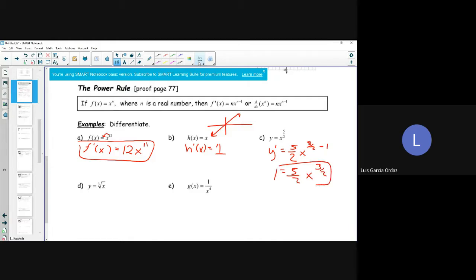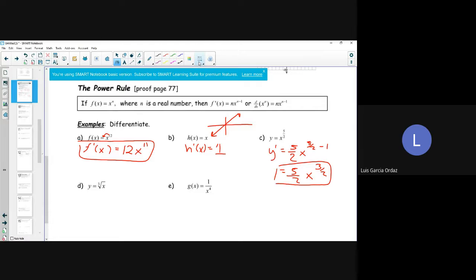That would be my derivative. And obviously, to find the instantaneous rate of change at a specific x value, you would just plug in your value for x. So if x was equal to -1, plug in -1 to your derivative, and that will give you the instantaneous rate of change for that curve at that specific x value.